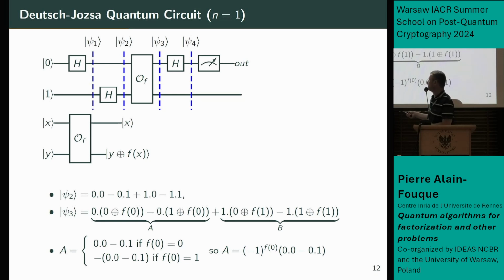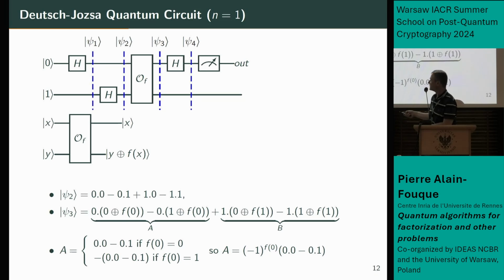If f of 0 is 1, I will get |0,1⟩, which here is minus |0,1⟩. And here, if f of 0 is 1, then 1 or 1 will be 0, and I will get minus |0,0⟩. Okay, so this is the value here.